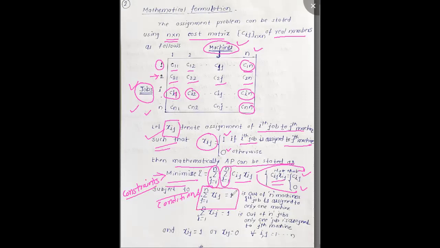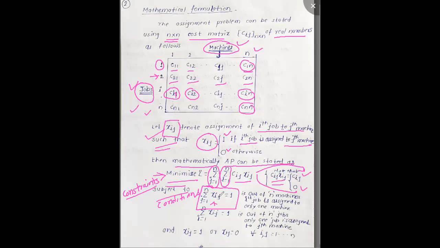Summation of xij, j equal to 1 to n, is 1. Now j is changing from 1 to n. We are using j for machines, so this is a summation from the first machine to the nth machine. The first suffix is i, that is, this is the ith job.